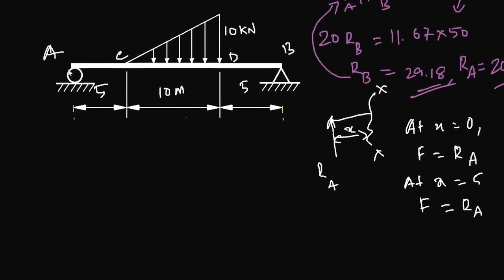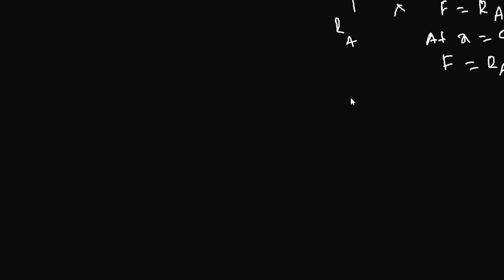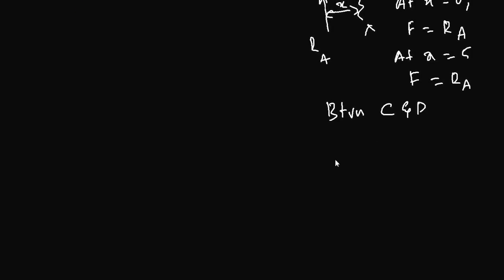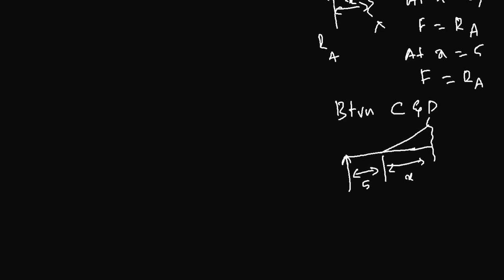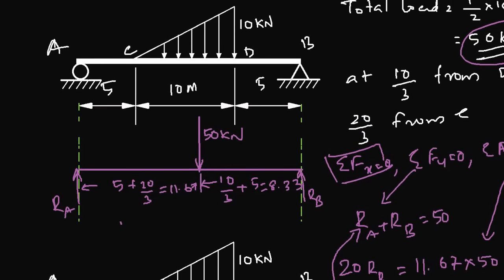Now you take the section between C and D. So that goes between C and D, you have RA, and your load going like this. This is 5 and this is X. So we calculated the intensity of this force as 1.